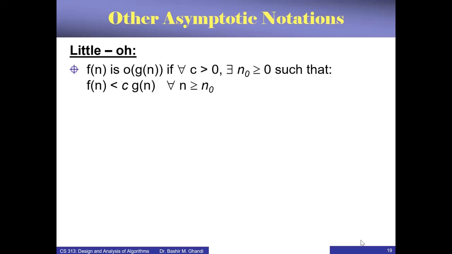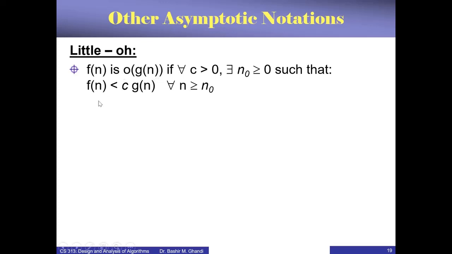Let's start with little o. f(n) is said to be little o of g(n) if for every constant c greater than 0, we can always find an n naught such that f(n) is strictly less than c g(n) for all n greater than n naught.